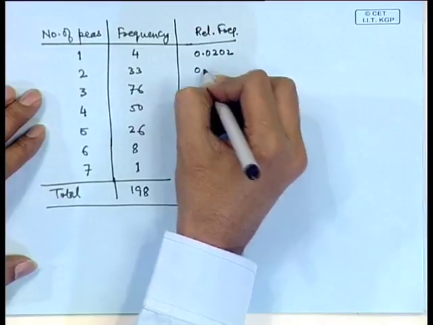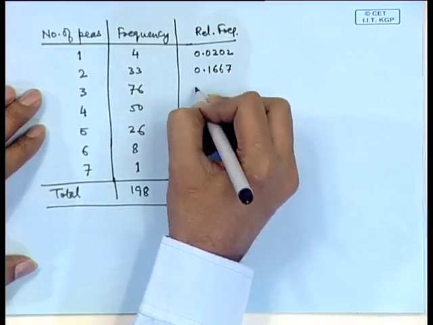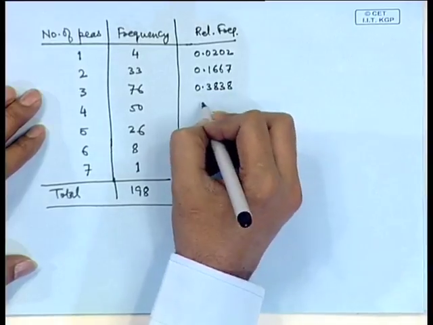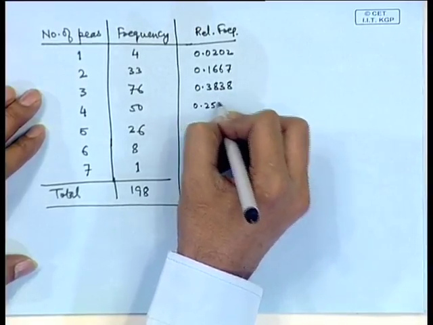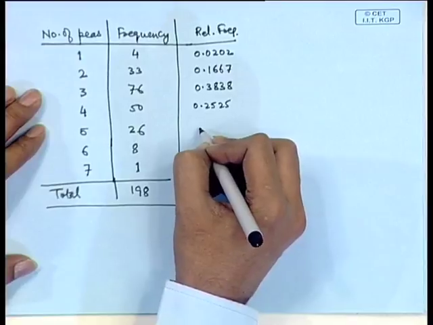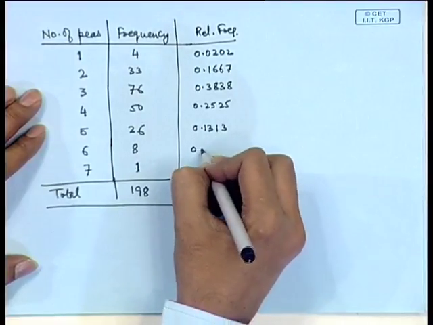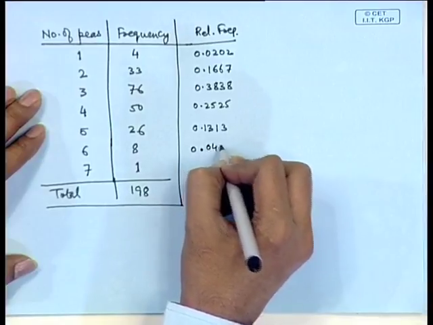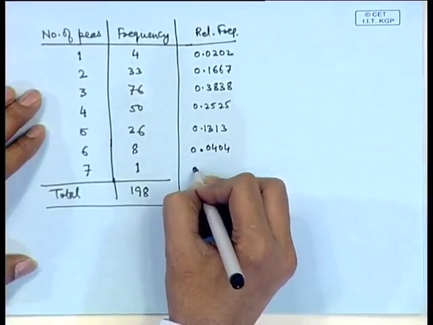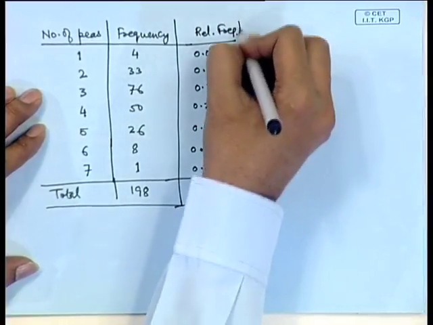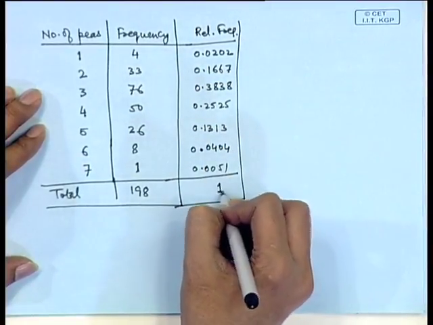How much is 33? It is 0.1667. 76 is 0.3838. 50 is 0.2525. 26 is 0.1313. 8 is 0.0404. 1 is 0.0051. The sum is 1.